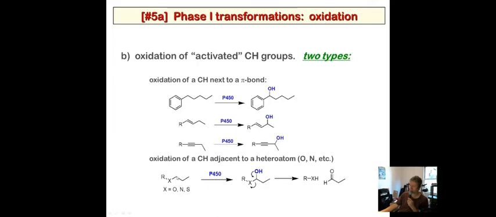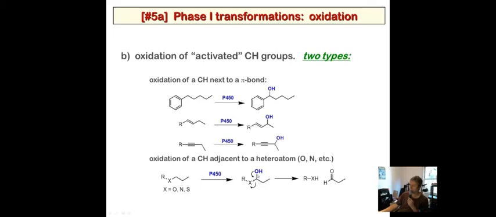And if you imagine a radical, there is a resonance stabilization with the X group, and the lone pair can delocalize. So when this gets oxidized as a radical, this is transiently stabilized. And then alcohol gets introduced.